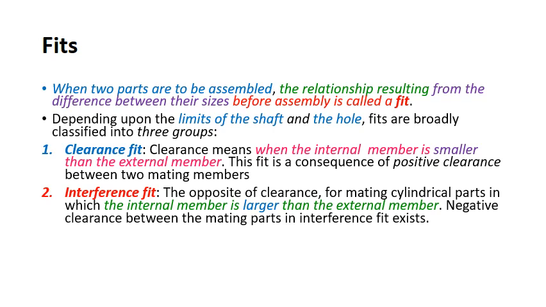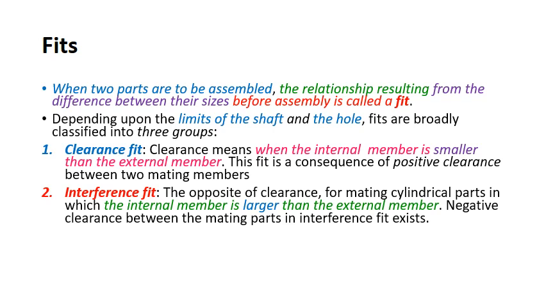So naturally you might get a doubt: when the size of the internal member is larger than the external member, how can we get a fit? See, here you should not be misled by this word larger. When we say the size of the internal member is larger, it is larger only by the order of a few microns in comparison to the basic dimension.